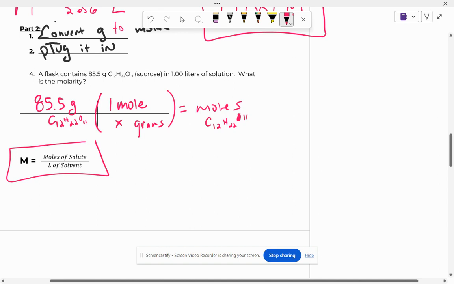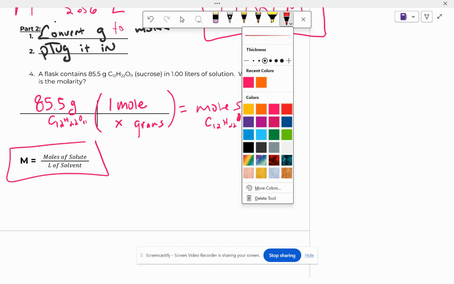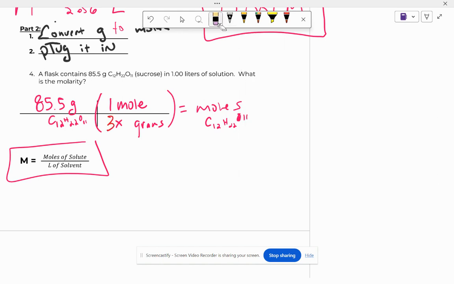When I add it up, I'm going to add up 12 carbons: 12 times 12.01, plus 22 hydrogens, plus 11 times 16 for the oxygens. So I'm going to get 342 grams in 1 mole.